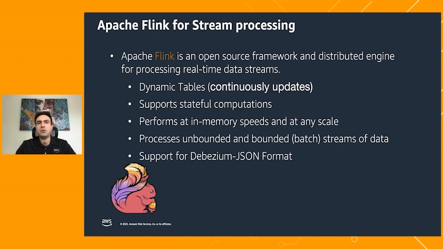Apache Flink also supports stateful computation, so when we need to join and aggregate the results, it can remember the previous result, and when it receives an update, it can update the previous result. It makes it much easier for us to do runtime analytics and aggregations to feed the downstream systems.